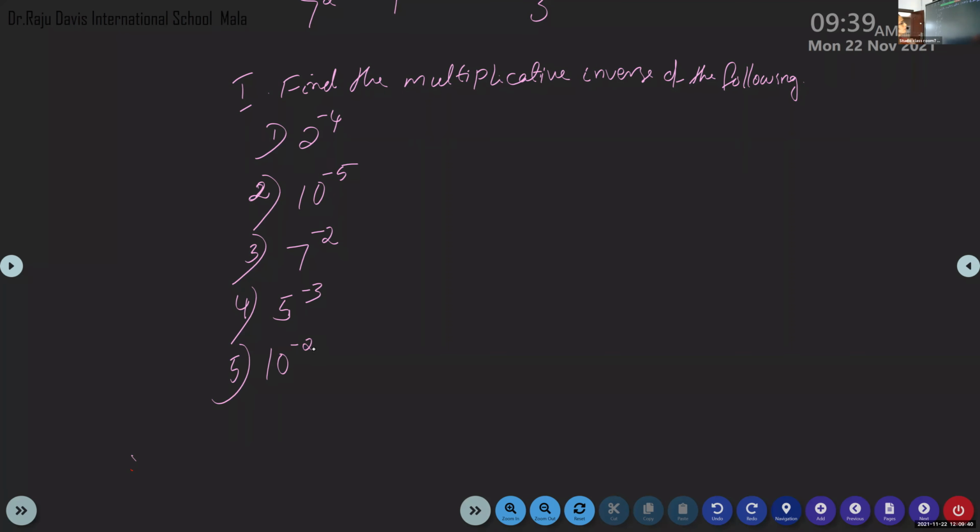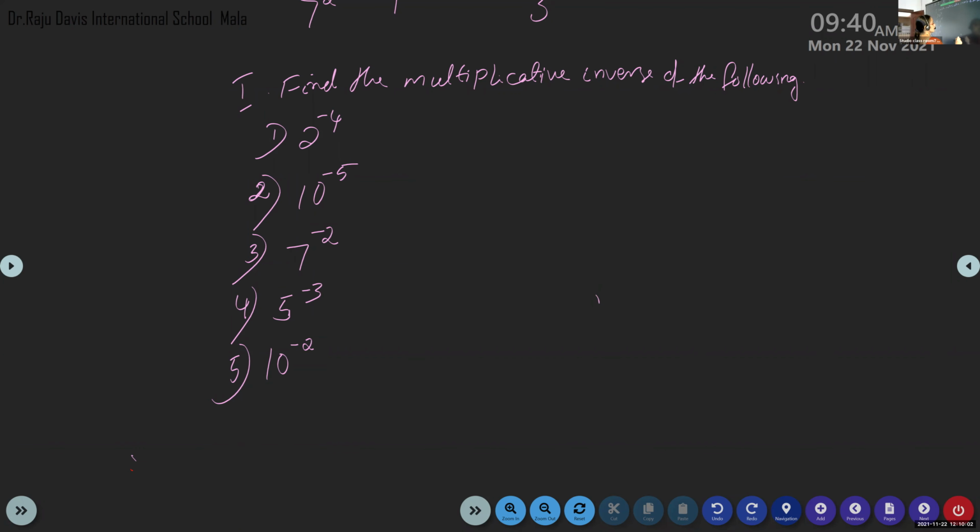For getting the multiplicative inverse of 10 raised to negative 4, it will be 10 raised to positive 4.